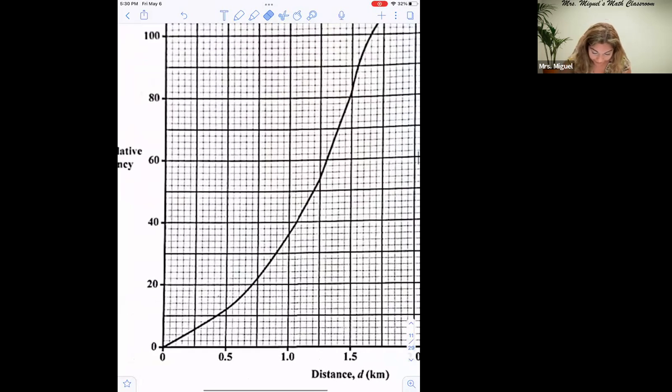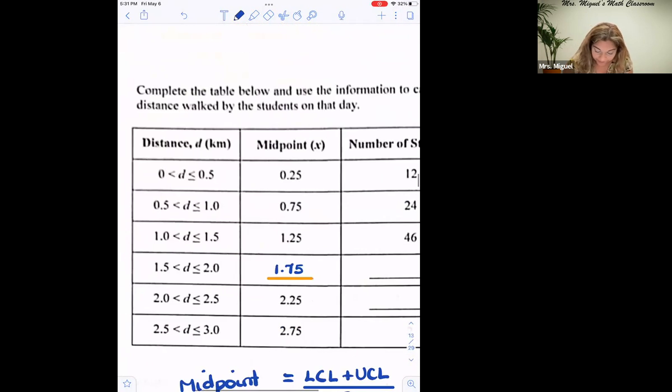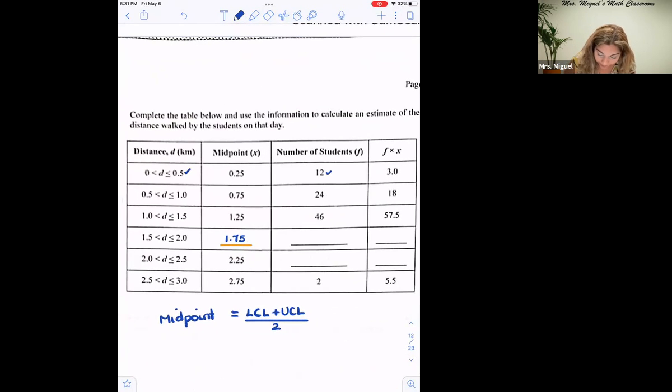So at 0.5, we're going straight up and we come across. Remember, just now I told you each small block represents 2. So this is 12. So that is the first thing they have, 0.5 and 12.